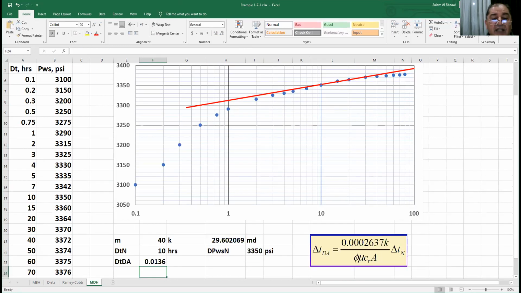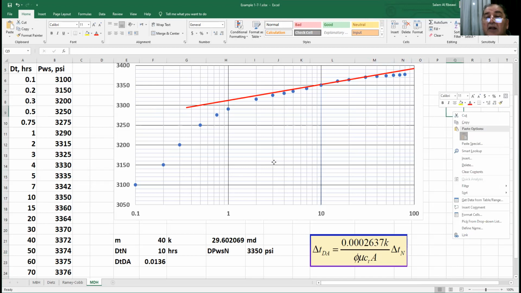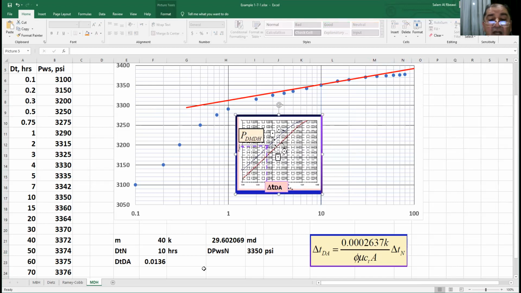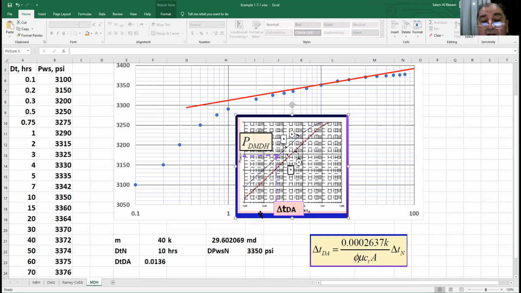So this is t_DA. Now you are going to go to the plot given by Miller-Dyes-Hutchinson, and let me bring this plot in front of you so you could see that. This is the plot given by Miller-Dyes-Hutchinson. See how much now delta t_DA is? It's not clear here, but let me make it bigger in my plot.